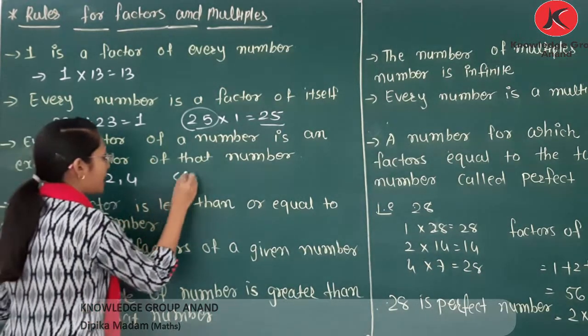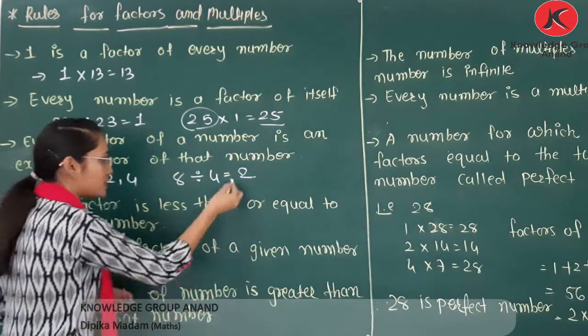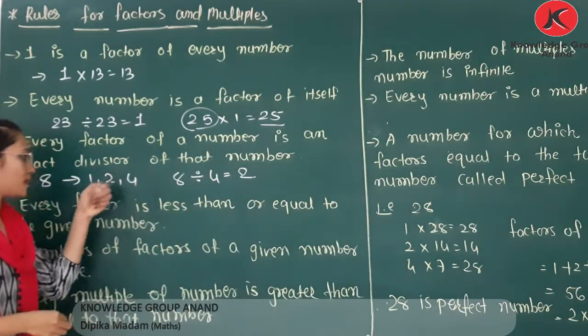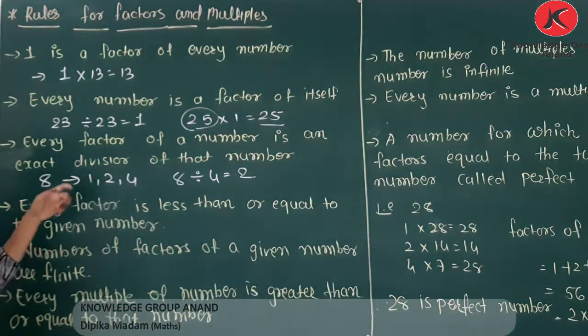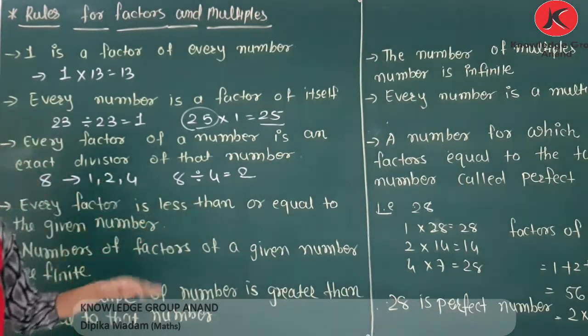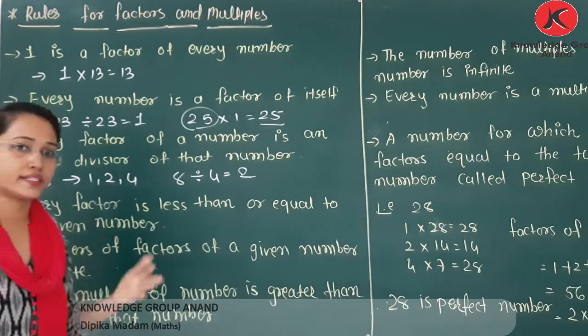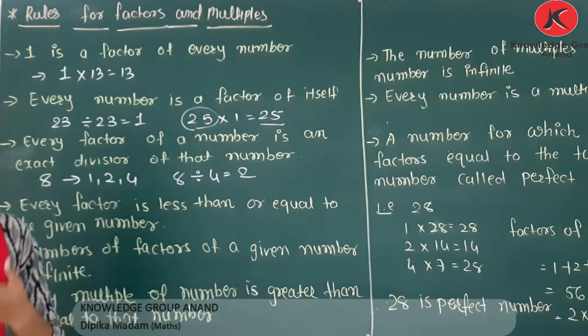So if you divide 8 by 4, you will get 2 as answer, means remainder is 0. If you divide 8 by 2, you will get 4 as answer and remainder is 0. So likewise, if you find a factor of a number, it exactly divides the number. Exactly divide means remainder will be 0.